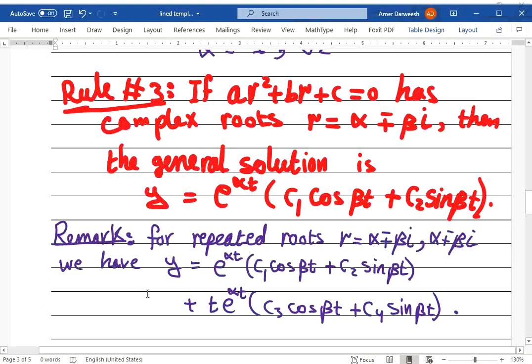We have the solution for the first conjugate roots e to the alpha t c1 cosine beta t plus c2 sine beta t، وهاي هي نفسها بالضبط حسب القاعدة الأولى. الآن repeated معناها برجع بكتب كمان نفس السولوشن وراح أضربه بالمعامل t، تقريبا نفس الشغل اللي اشتغلناه بالريال repeated real roots. خلينا نروح الآن لexamples نشوف كيف نتعامل مع هاي الرول.